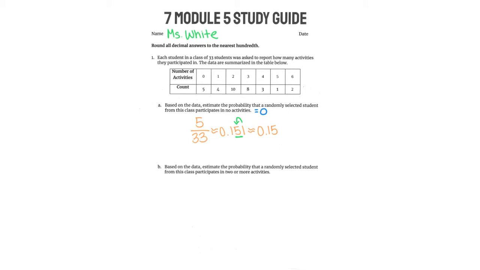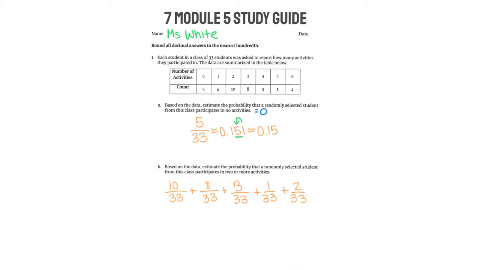Here, we're going to start off with 10 over 33. Then we're going to add 8 over 33. Again, then we're going to add 3 over 33 plus 1 over 33 and then plus 2 over 33.